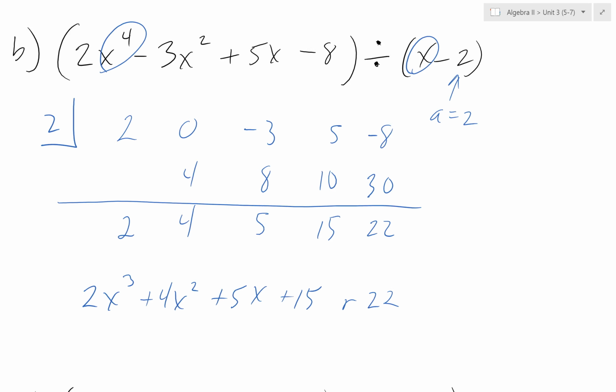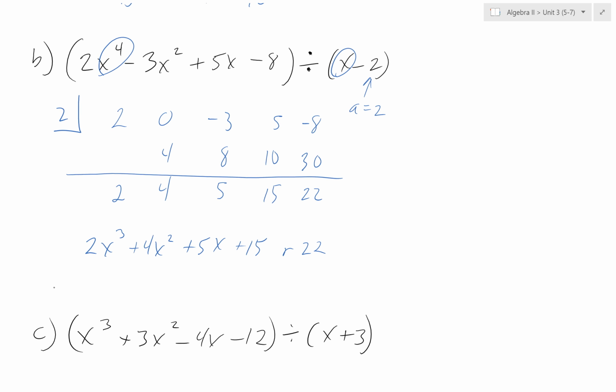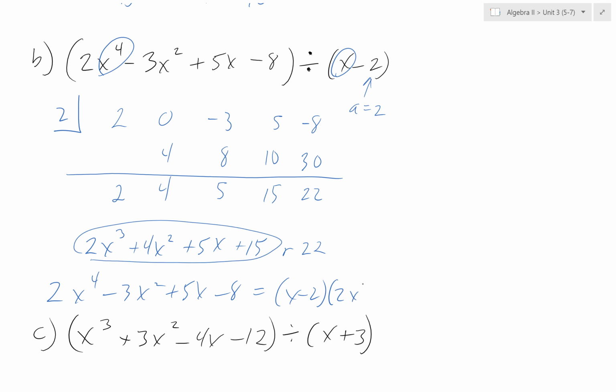So we write our answer as 2x to the 4th minus 3x squared plus 5x minus 8 is equal to x minus 2 times this answer, 2x cubed plus 4x squared plus 5x plus 15, plus our remainder 22.